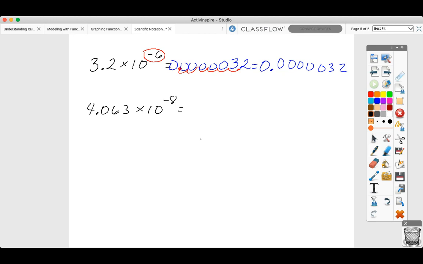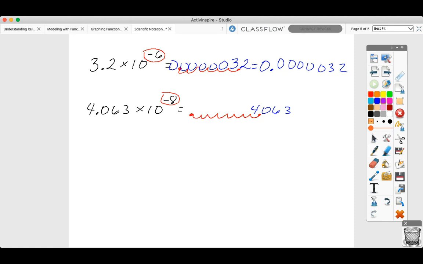Again, I need to move 8 spaces, which means I'm going to have to put my 4063 way over here. Now let's go ahead and move that decimal. Remember, I'm moving it 8 spaces from where it started. So 1, 2, 3, 4, 5, 6, 7, 8 spaces.